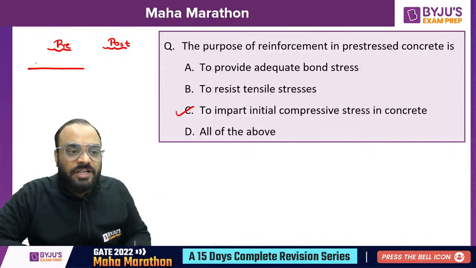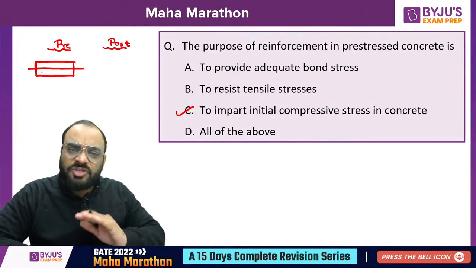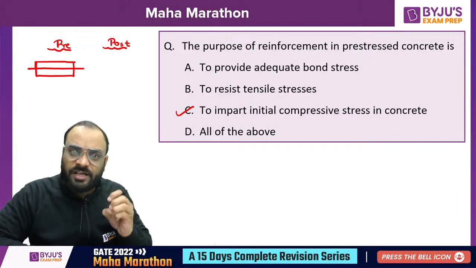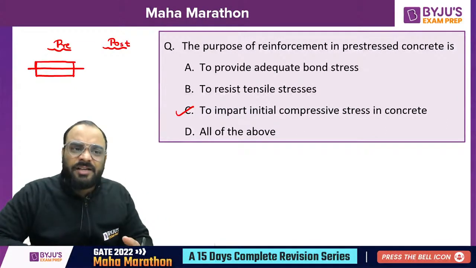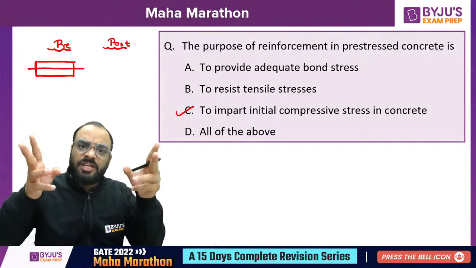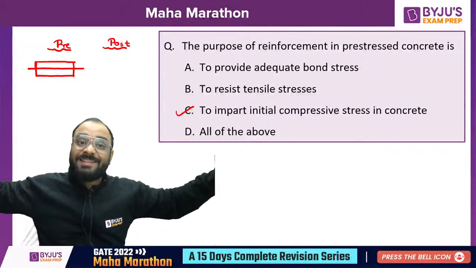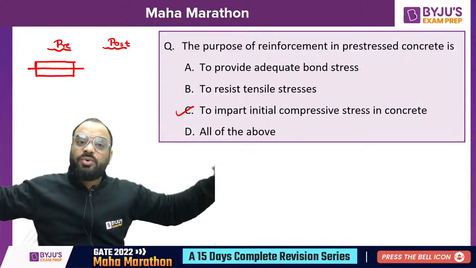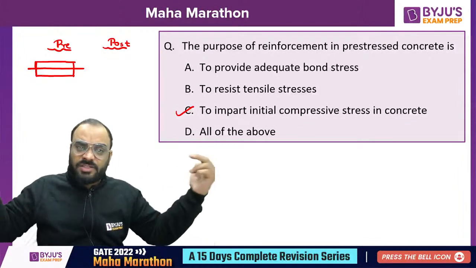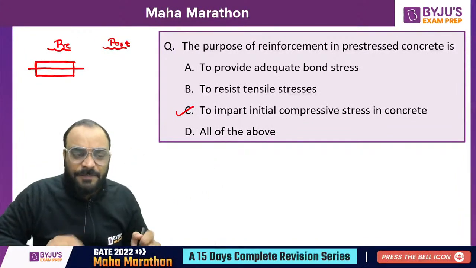After that you put the formwork, and ultimately we put the concrete. We give sufficient time so that the concrete will set and gain some strength, and after that we cut the cables so that the tension force present in the cable converts into compression and is transferred to the concrete.